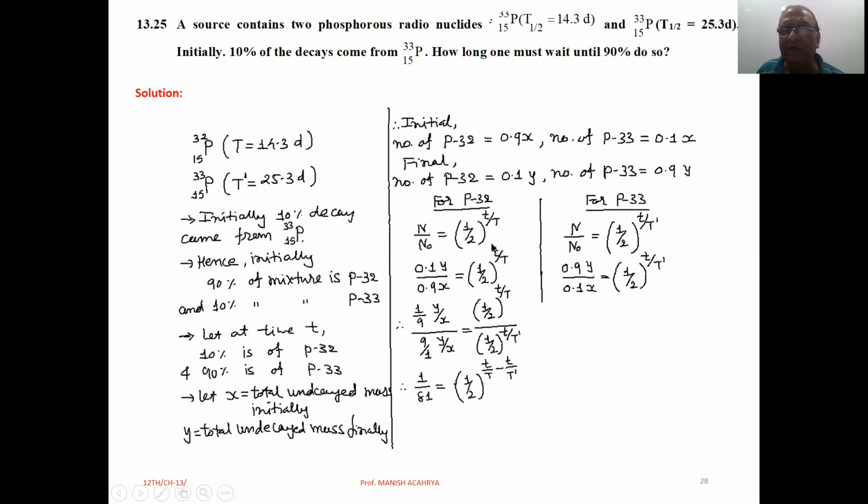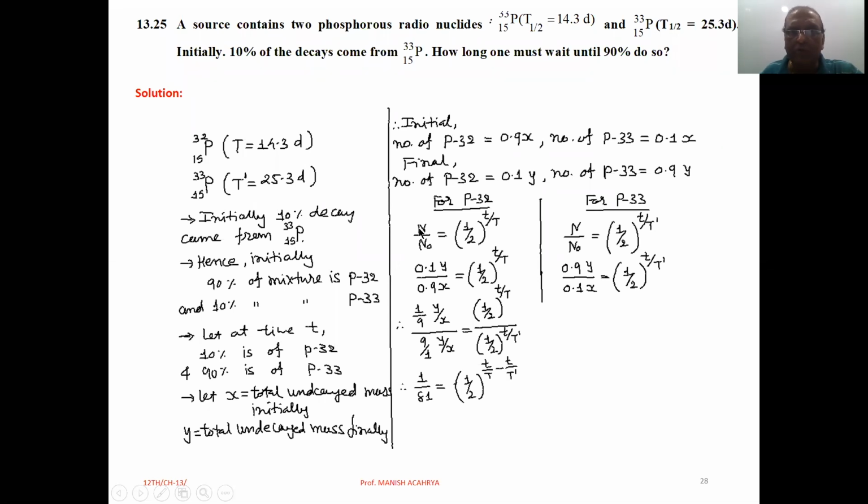Now for P32 and P33 we can use the equation N upon N0 equals half raised to t upon capital T. Similarly for P33 also, N upon N0 equals half raised to t upon T dash.